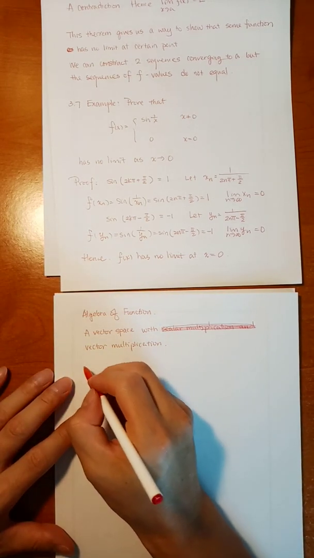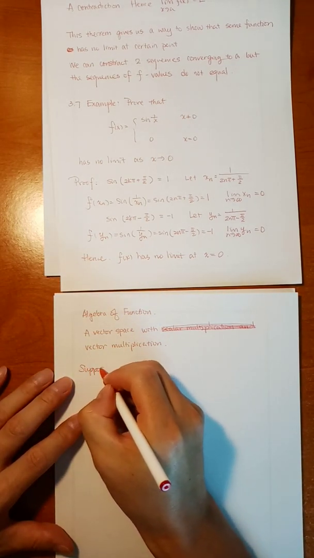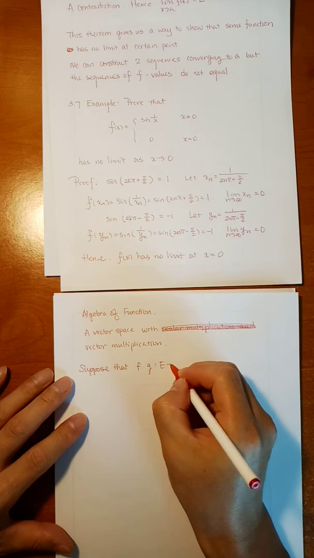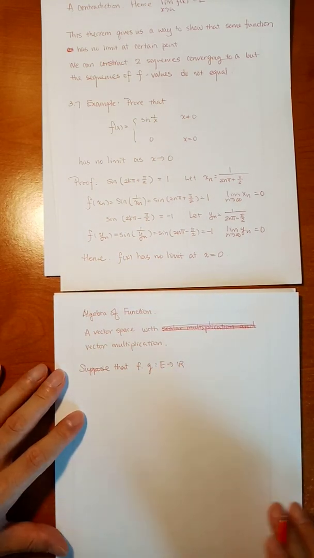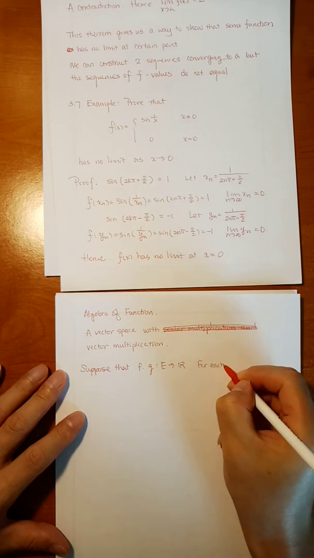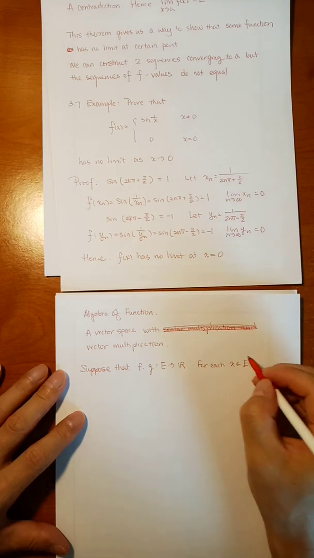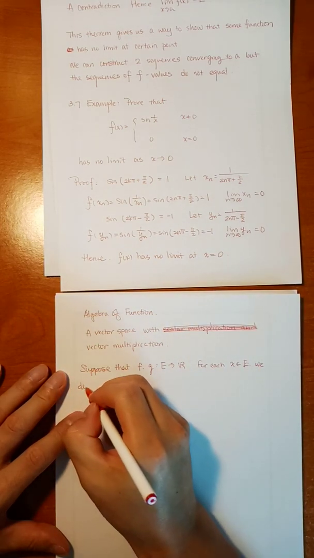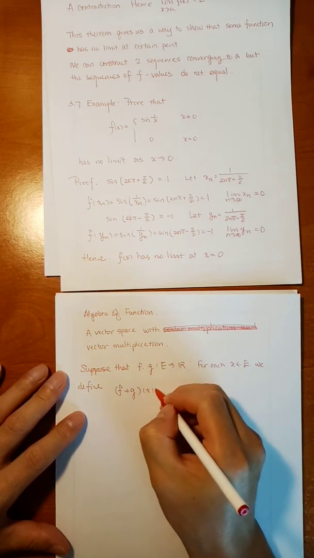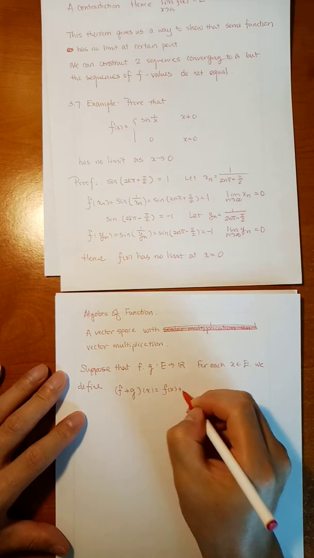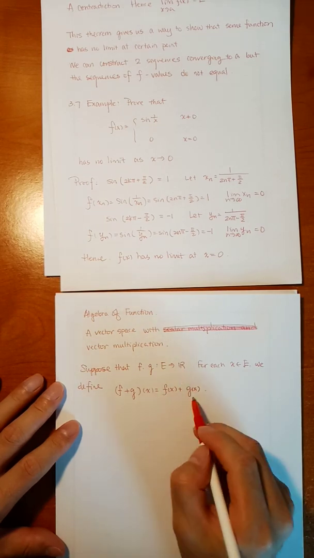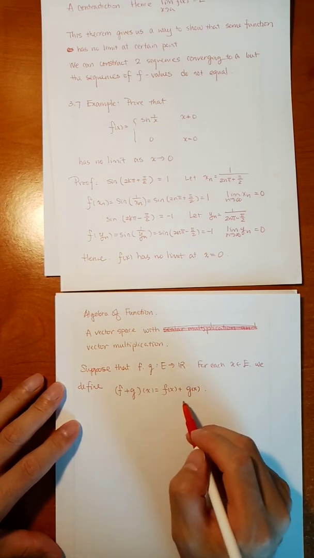Suppose f and g are two functions, both defined over E with values in R. Then for each x in E, we define f + g, the sum of functions, evaluated at x as the so-called pointwise addition. Because the values are in R, you can do the addition, so this is well defined.